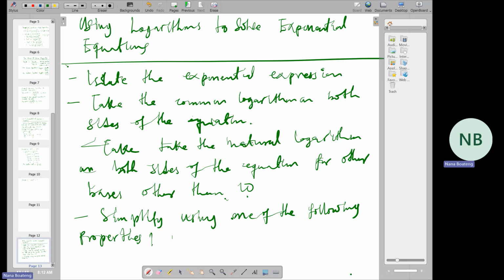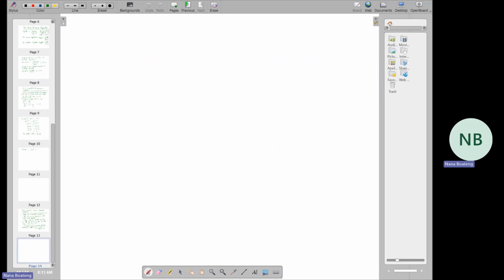So either the log of b to the power x is equal to x log b, which is the power rule, or the natural log of e to the power x is equal to x, or the log of 10 to the power x is equal to x. Then afterwards, we can solve for the variable. All right, so let's use an example. So this would be example 2a.